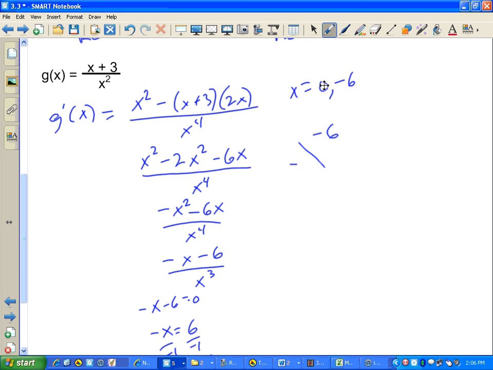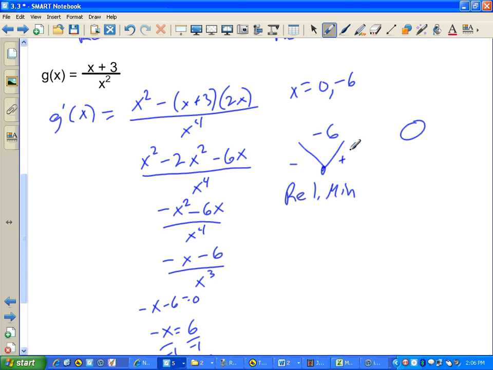To the right, I'll try something that's not up to 0 yet, but between negative 6 and 0, like negative 5. Negative 5 is positive 5. Minus 6 is negative 1. So I've got negative on top. Negative 5 cubed is a negative number, so I've got negative over negative, which is positive, so it's increasing on the right. So this is a relative minimum.